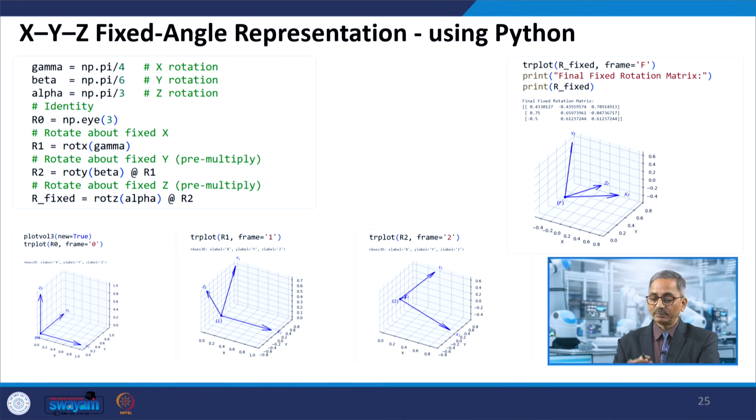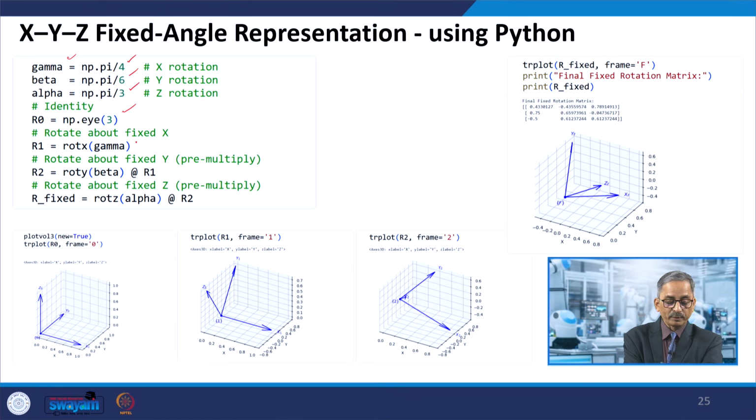Okay. So, let us see how can we do this representation using Python. Okay. So, say my gamma is pi by 4, beta is pi by 6, and alpha is pi by 3. Okay. So, I define an identity matrix, just this vector x0, y0, z0.